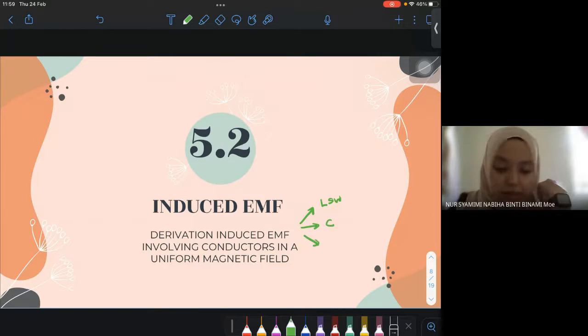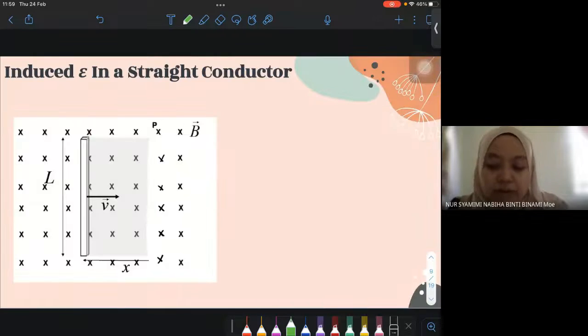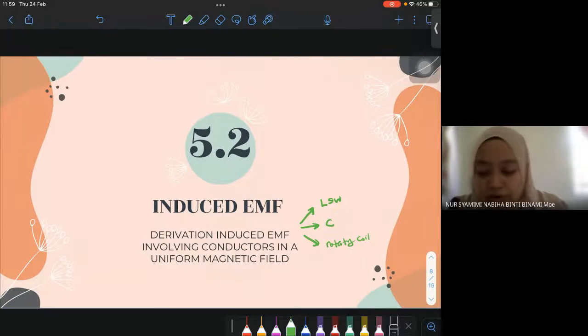The third one ialah rotating coil. Okay, yang ni yang kamu kena tengok betul-betul sebab soalan derivation ni akan ditanya dalam soalan PSPM kamu. Sebab dia dalam learning objective kamu. Okay, so how you want to derive the equation untuk induced EMF dalam ketiga-tiga benda ini.